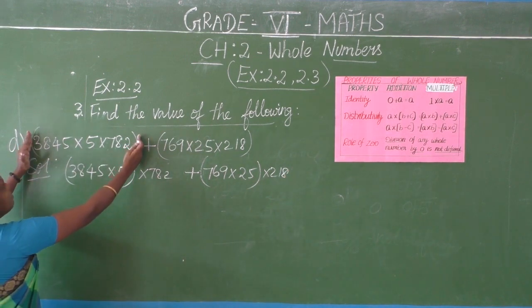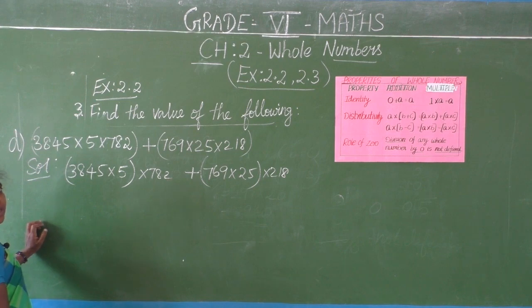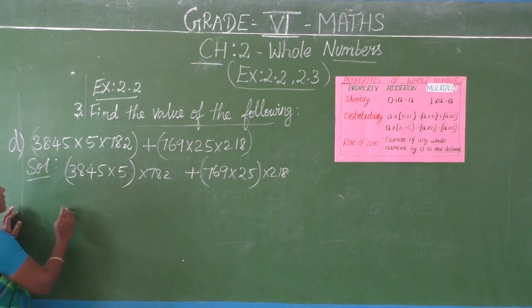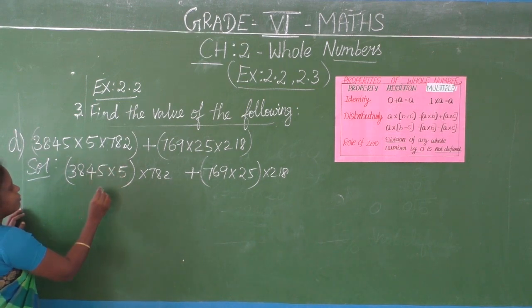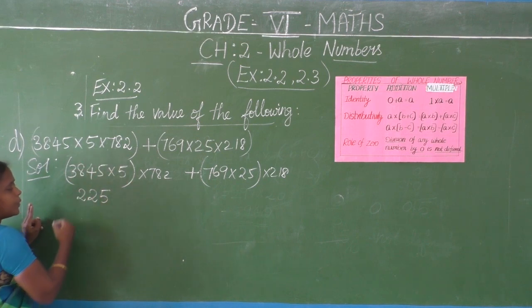In the 3 numbers connected with other numbers in multiple, I have taken first 2 numbers for multiple. Multiply, what answers we are getting? 5 into 5, 25. Remainder 2. 4 5s are 20 plus 2, 22. Remainder 2. 8 5s are 40. 40 plus 2, 42.